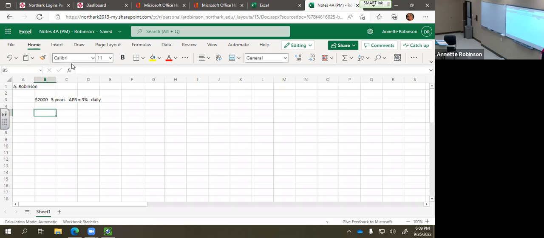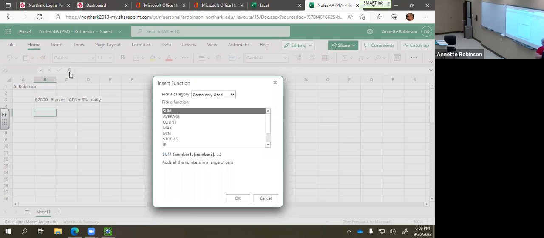All right. Up here, you will notice there's an FX function area. I want you to hit it, and this is going to come up. Pick a category, pick financial, because we're about to do financial things.